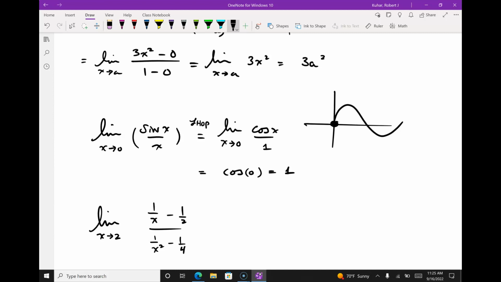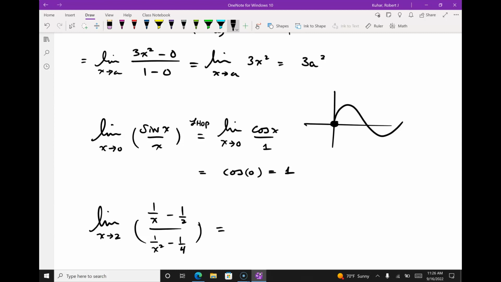What would be our LCD? Not 4x. 4x squared would be the actual LCD. A common denominator would be 8x cubed if I just multiply them all together, right? Both will work. One will make you factor more.